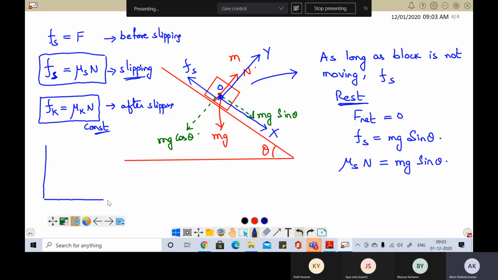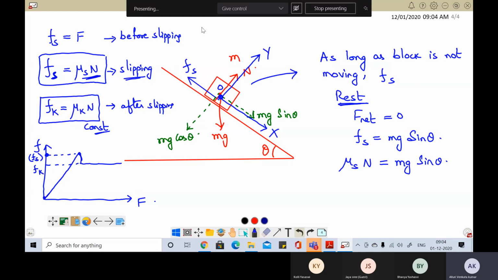That's why, if you see the graph of frictional force with respect to applied force, it will increase like this, at one point become maximum, then go down and remain constant. This is called Fk, and this is called Fs max.